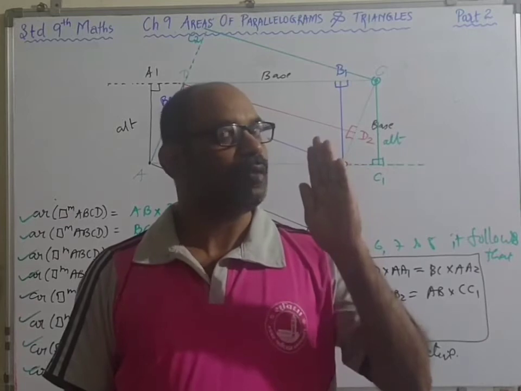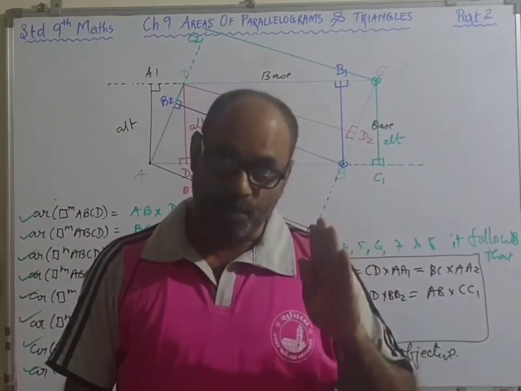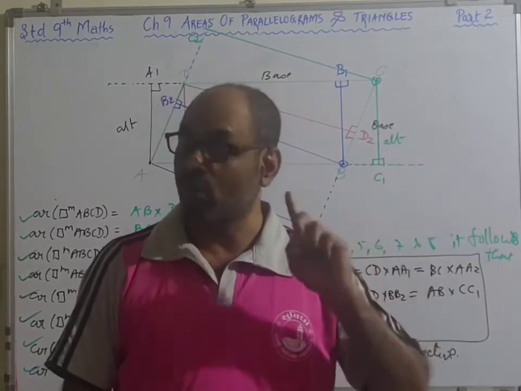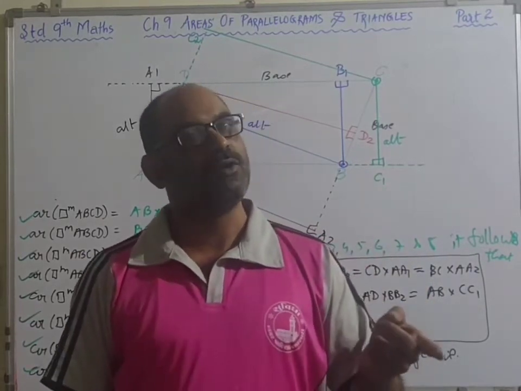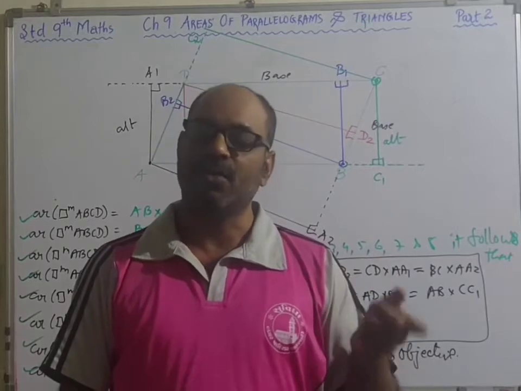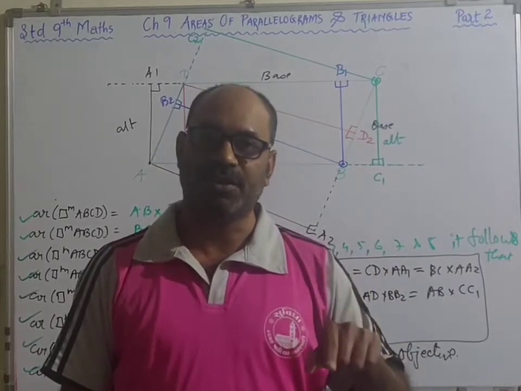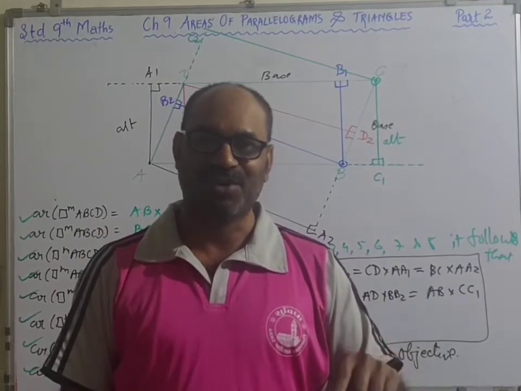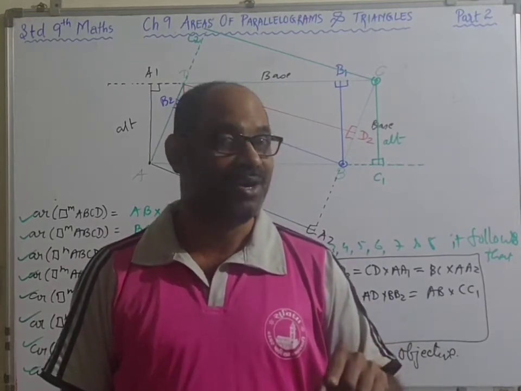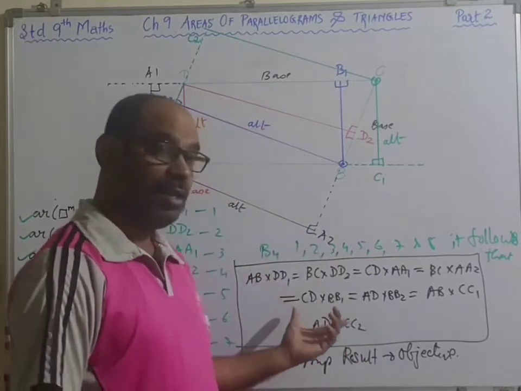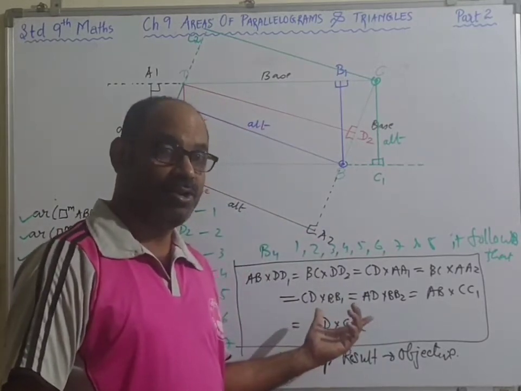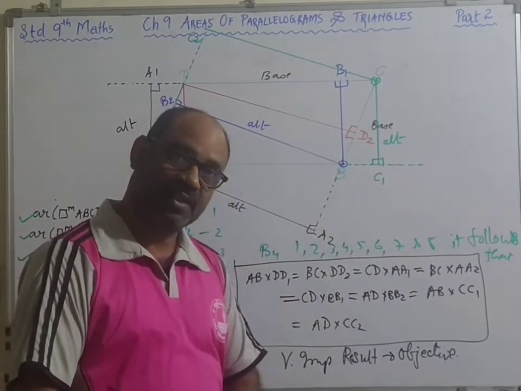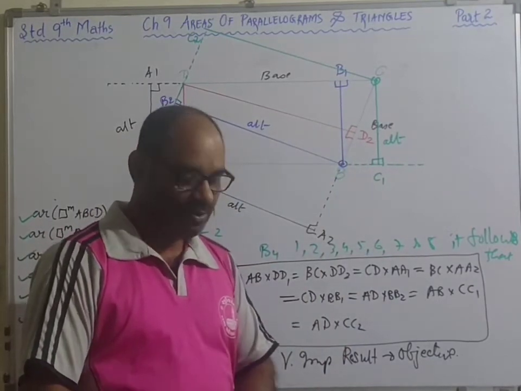Whereas for a parallelogram, base into altitude 1, of course corresponding altitude, is equal to base into altitude 2 and so on up to base into altitude 8. Here there are 8 equal ratios, in a triangle there are 3 equal ratios. That is a very important result. Is that clear, children? Fine.